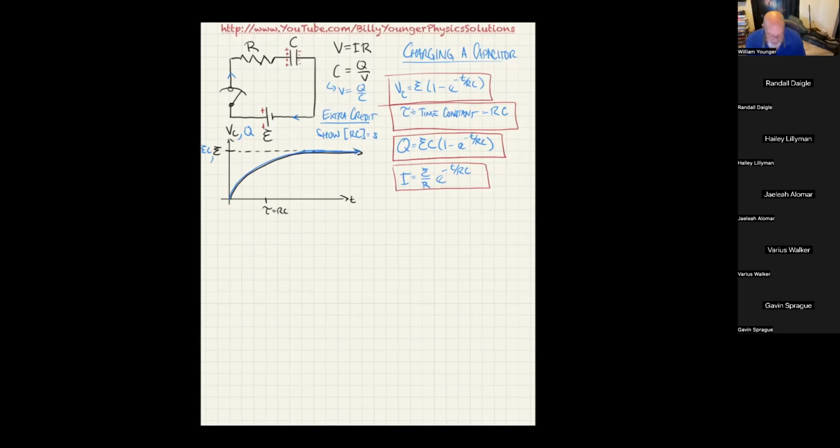Now, the big thing is if you look at t equals RC, then you'd get e to the -1. And if you compute what e to the -1 is on your calculator, I hit second function ln, -1, and I get 0.3679.